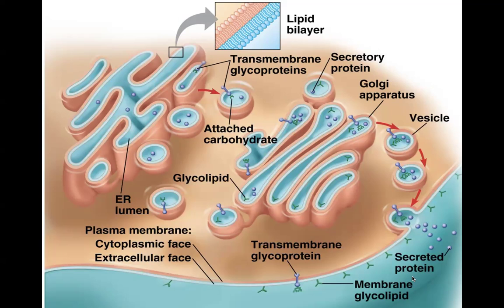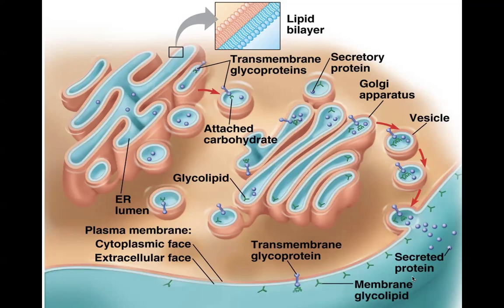That will then be also embedded in the vesicle membrane that delivers it to the Golgi. It would be part of the Golgi membrane. It would be glycosylated, meaning the sugar chains would be added to it. And note that the sugar chains are going to be added to the interior of the Golgi apparatus. So that means that the carbohydrate chain is going to be facing the inside of the Golgi, and subsequently it will also be facing the inside of the vesicle.